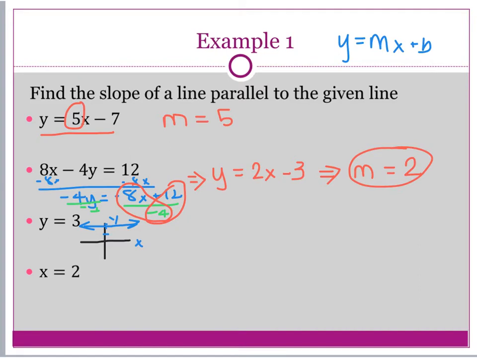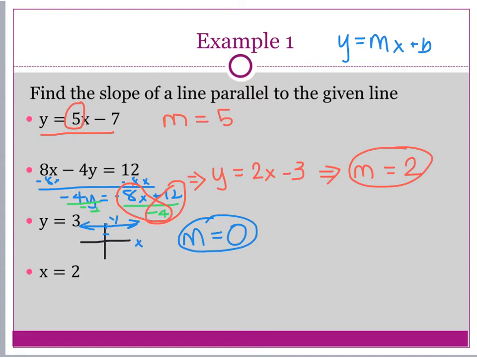So remember that the slope of a horizontal line, or m, is going to equal 0. So the slope for a line that is parallel must also be 0.